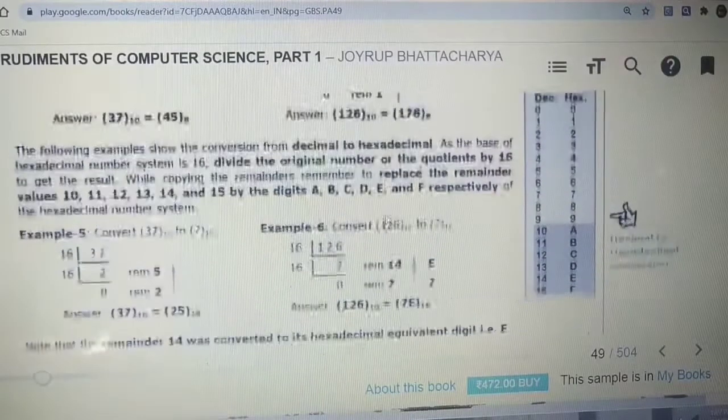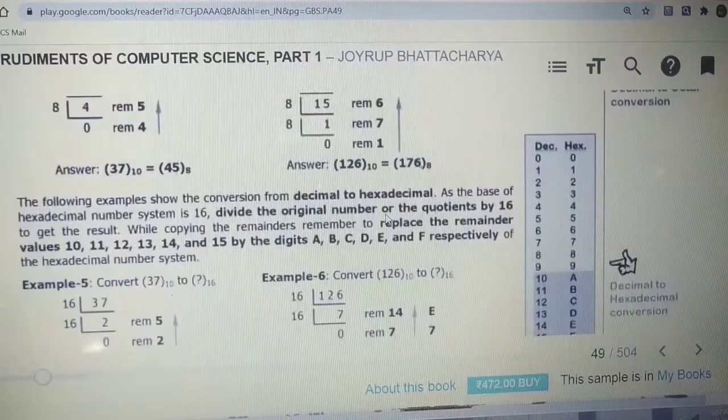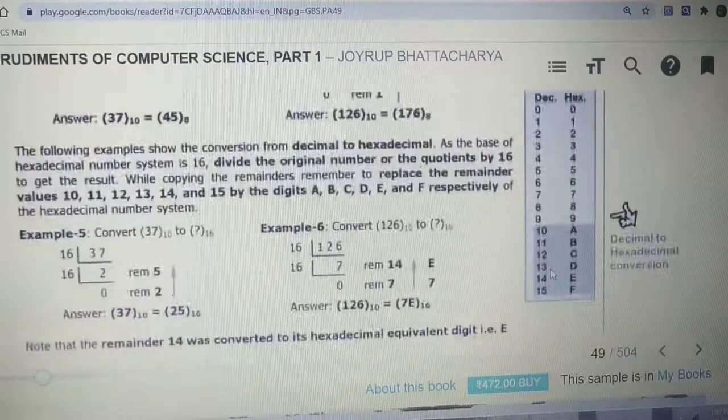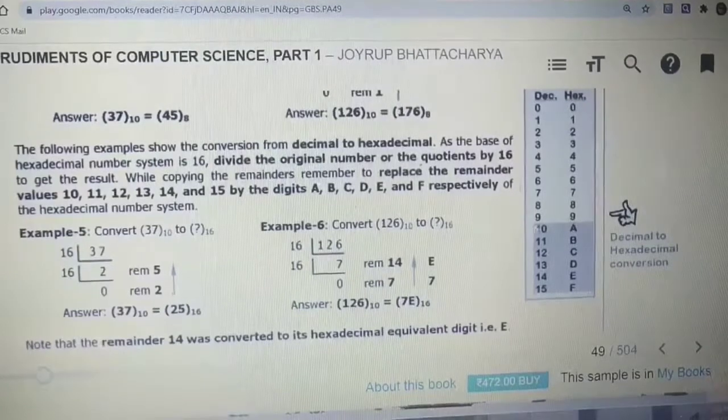Okay, one more thing, first of all check this value, because it is needed when we get the hexadecimal value. It is the equivalent of a decimal number.